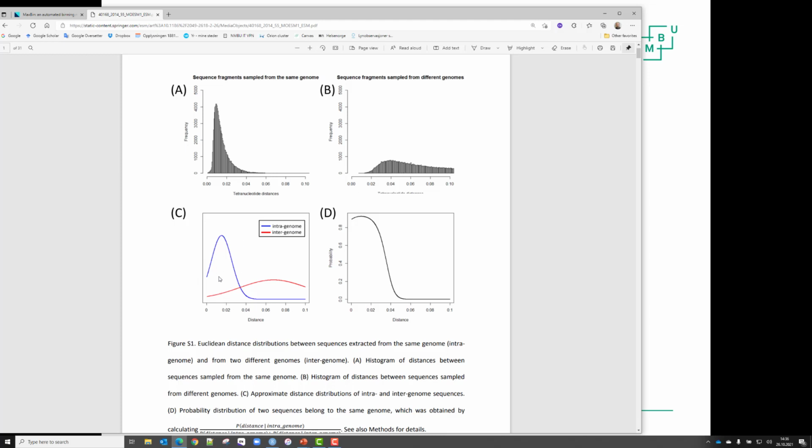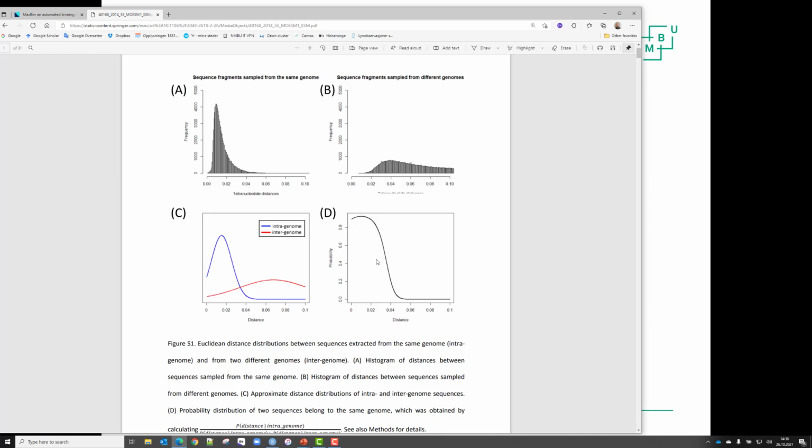They have sort of fitted a normal distribution to both of them and then displayed that one instead, right? So you have one blue distribution here and a red one here. And the blue is for intragenome, within genome. And the red is between genome, intergenome.